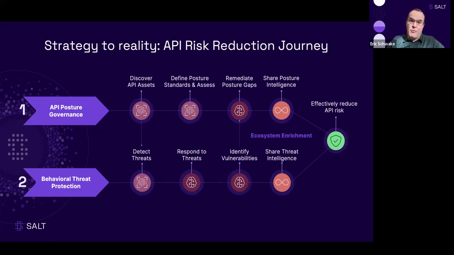You need to understand what you've got before you can start applying different security rules or risk reduction strategies. If you don't understand what you've got, it's going to be very hard to do that. First question I had, Nick, for you is, as we've been talking about, understanding and discovering APIs is really important for organizations.